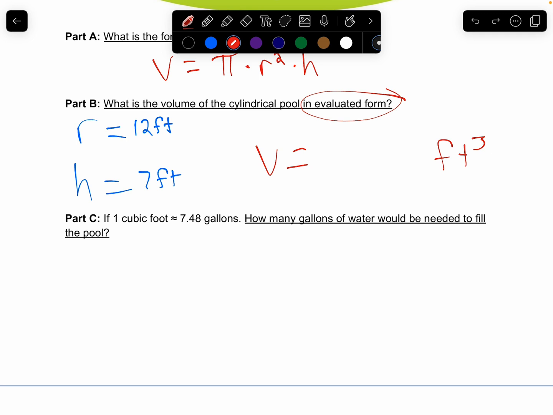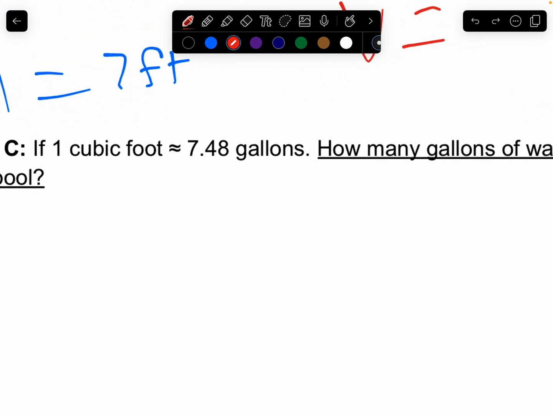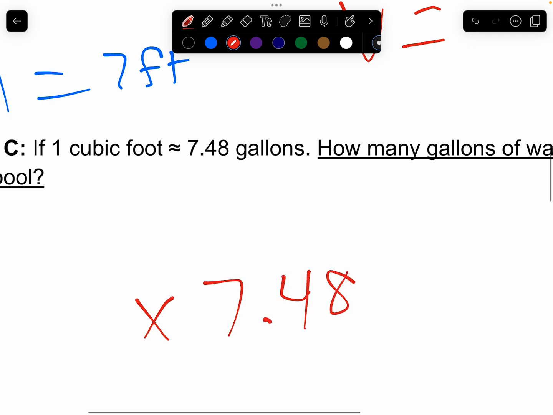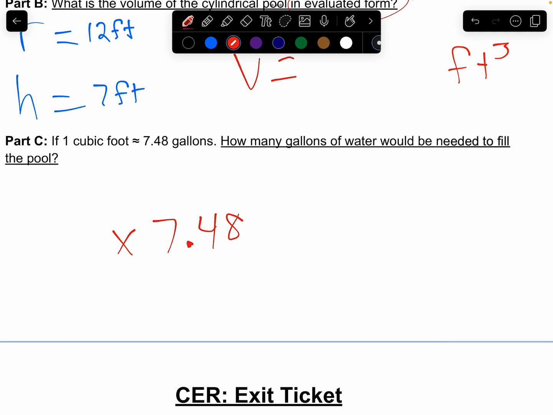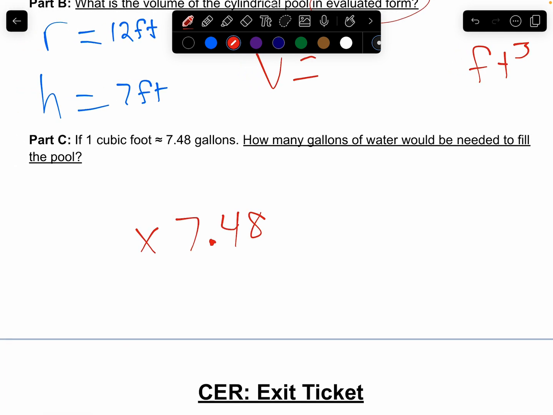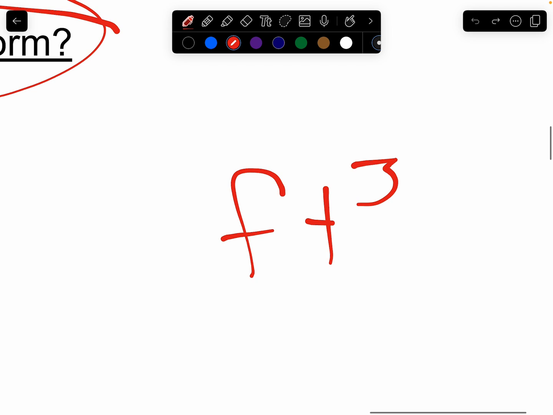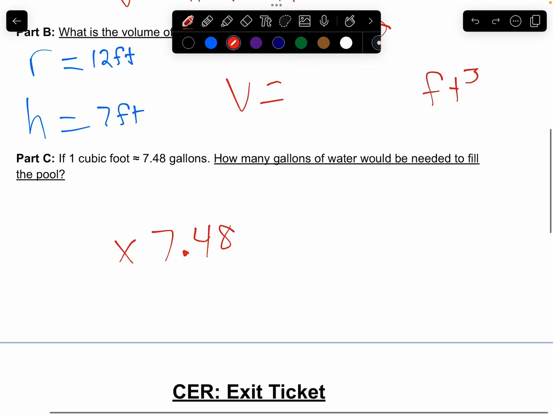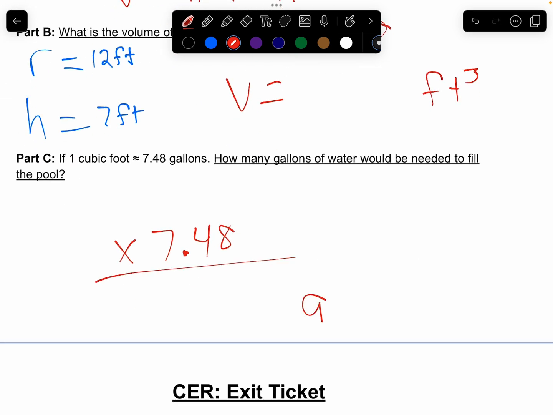Okay? So, with that said, whatever number you got, you guys need to multiply that by 7.48. Anytime we're doing some sort of conversion, we're going to be multiplying through to figure out the next step. So from here, cubic feet, and we're changing it to gallons.